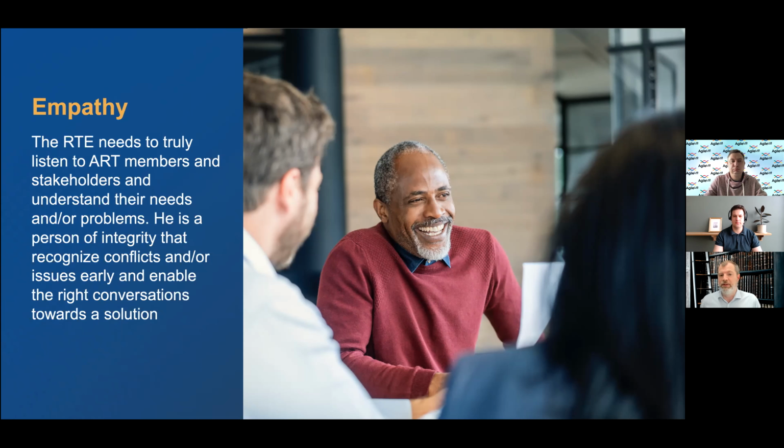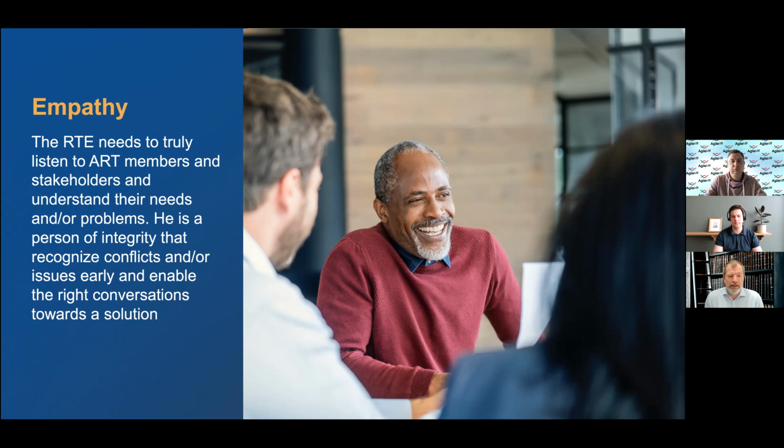Why is that important? Because normally the Agile Release Train, at least at the beginning of the transformation, is embedded in a traditional world, probably a waterfall world. Having this empathy and these facilitation skills towards stakeholders is pretty important, and this is one of the most important skills an RTE needs to bring to the table.